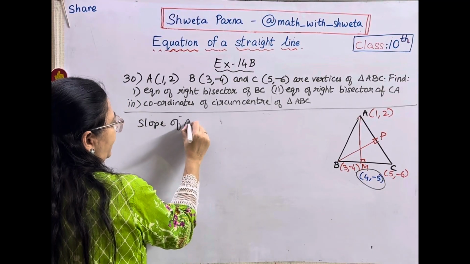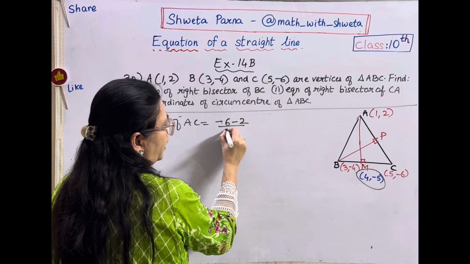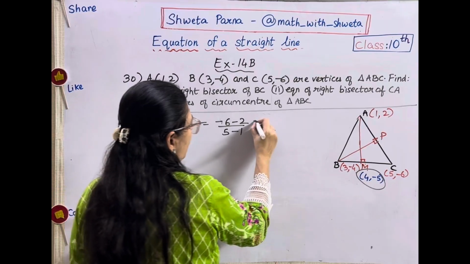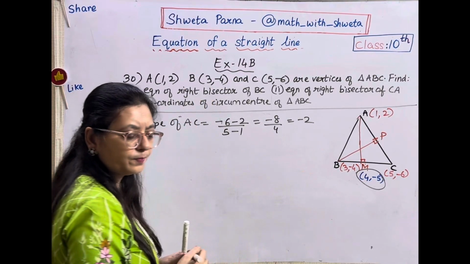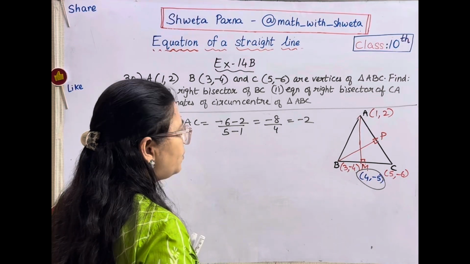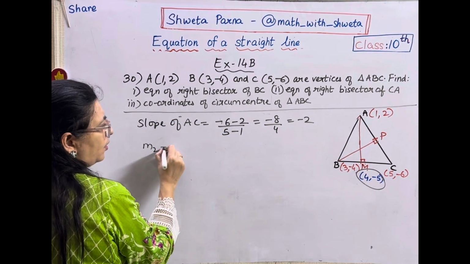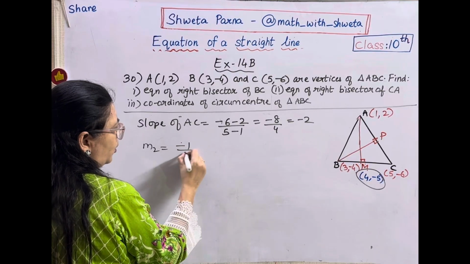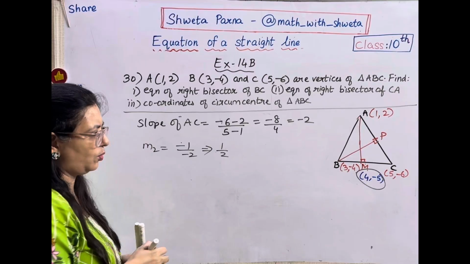Slope of AC would be y2 minus y1 upon x2 minus x1, minus 8 upon 4, which is minus 2. Now if M1 is minus 2, for a right angle, M2 would be minus 1 upon minus 2, which is 1 upon 2. This is M2.